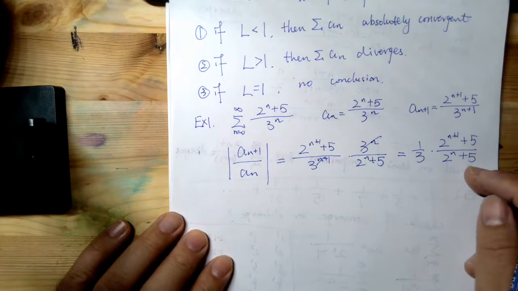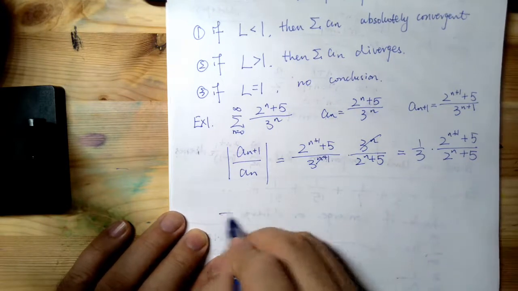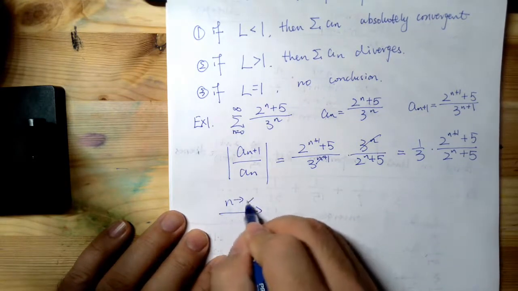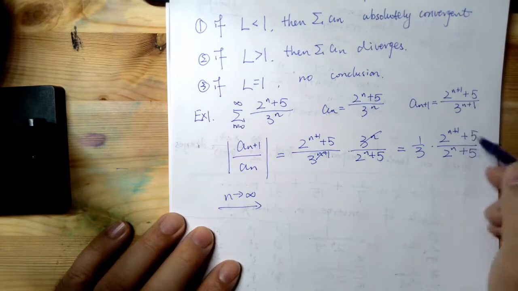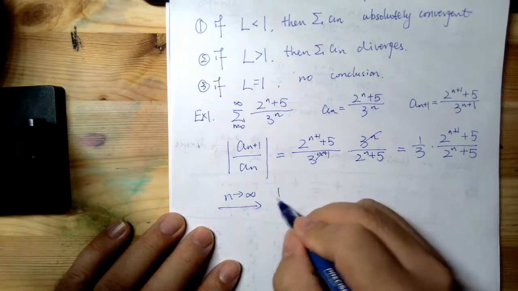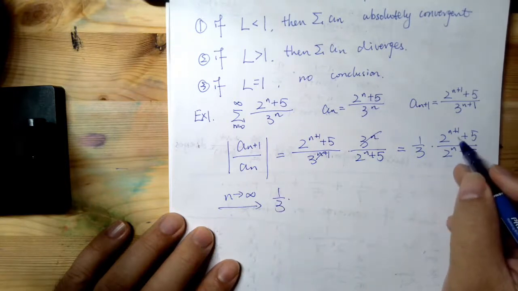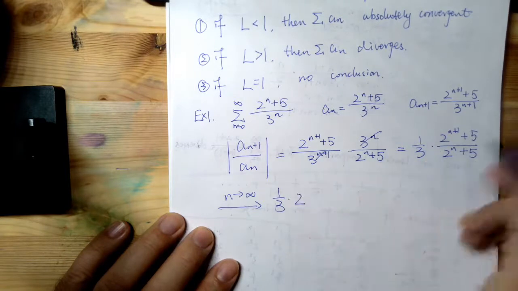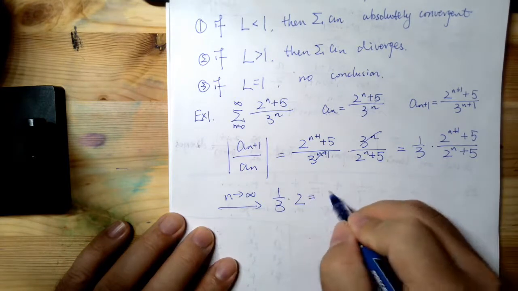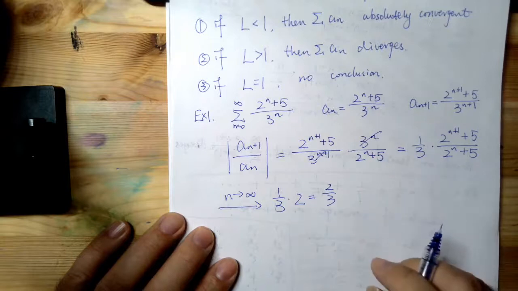And it turns out, as n goes to positive infinity, this becomes 1 over 3 times 2^(n+1) over 2^n, which is 2, right? As n goes to infinity. So it turns out we have 3 over 2.